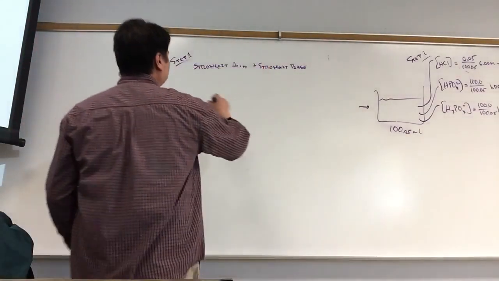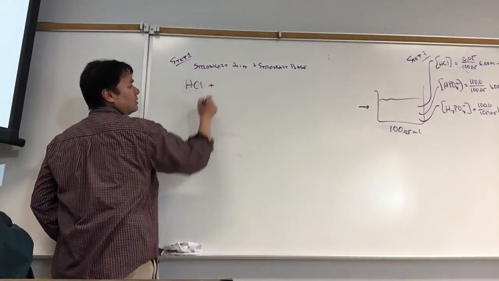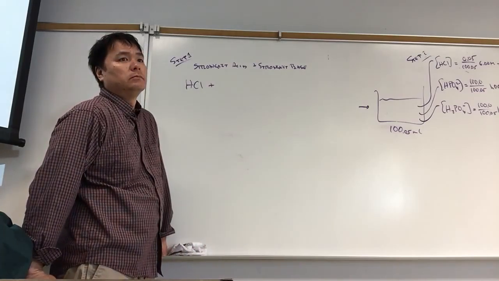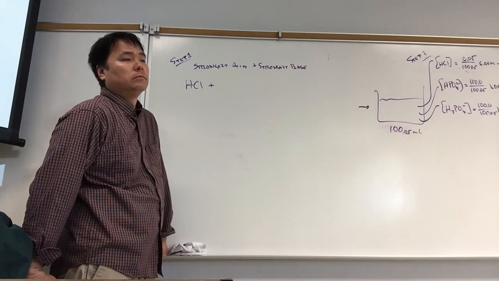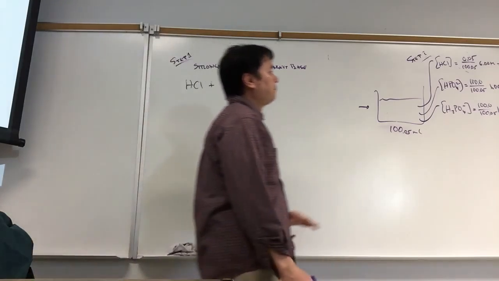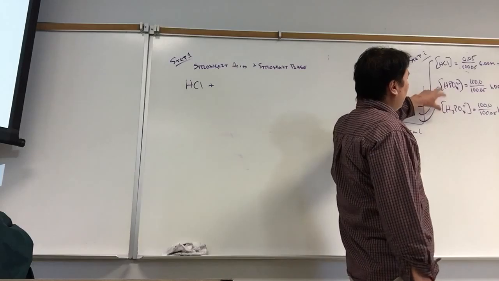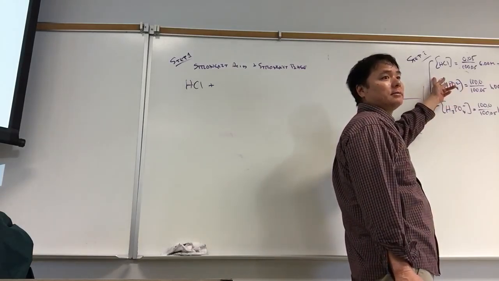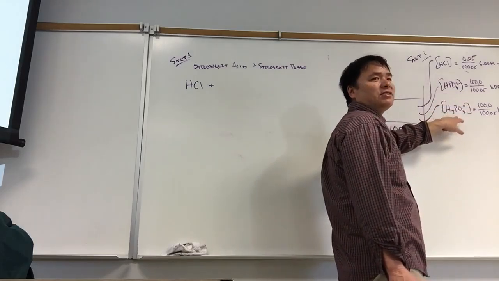It would be HCl. What's the strongest base present in the mixture? Even though both of these are amphoteric, monohydrogen phosphate is amphoteric. You go either way, it could be an acid or base. Dihydrogen phosphate is amphoteric.